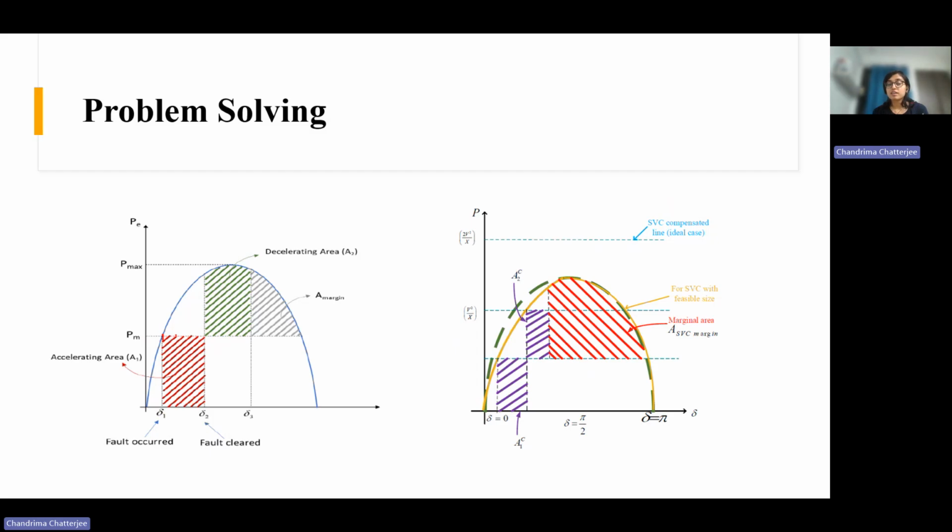So you get this area, the red striped one, which is the accelerating area, and then you get back here, and this green one is the decelerating area. For the stability of the power system, the accelerating area should be equal to the decelerating area. And this blue area over here is called the marginal area.